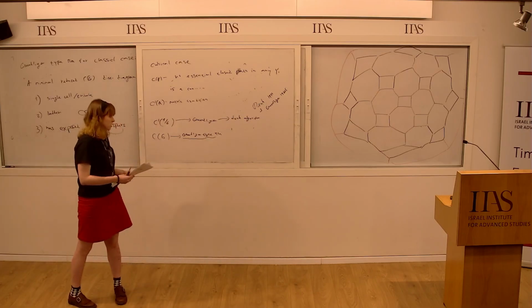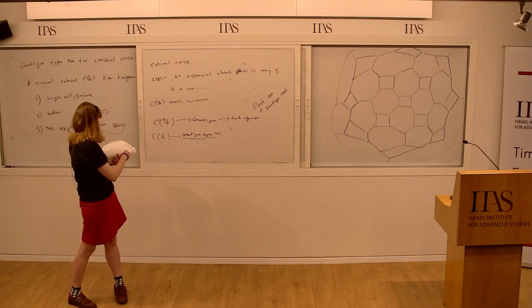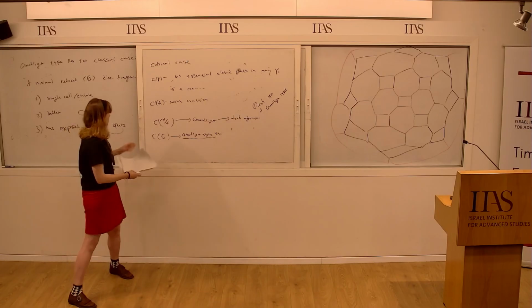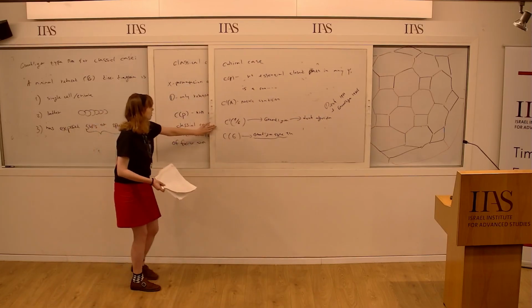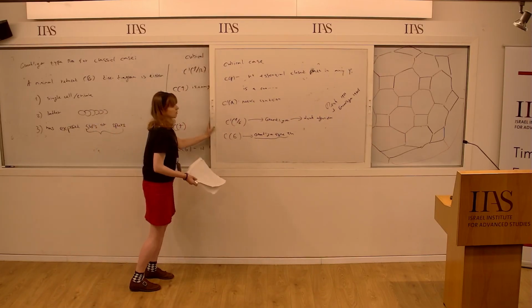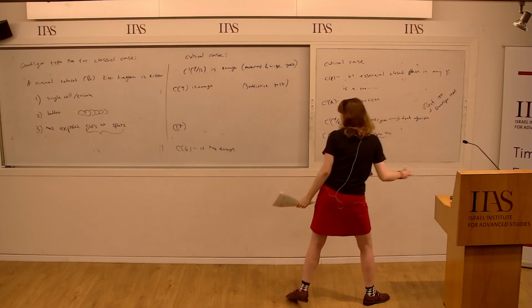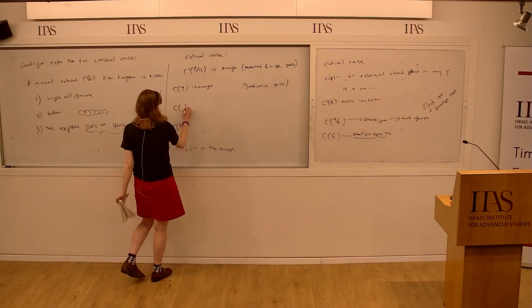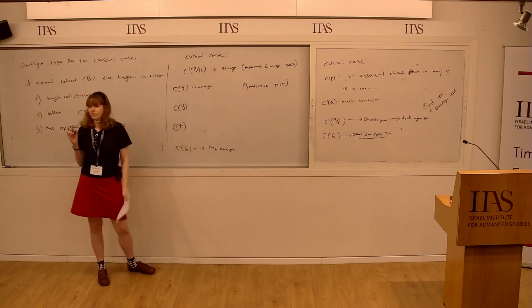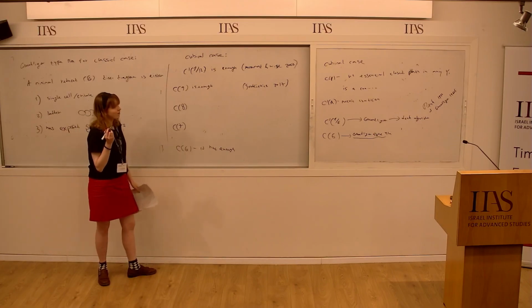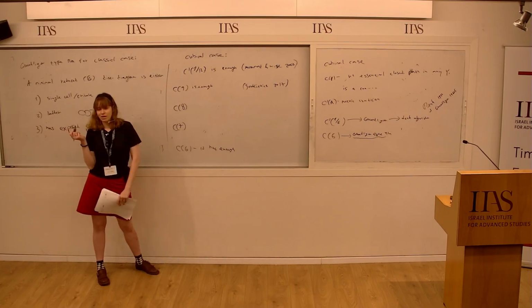Okay, so this is what we know about C(7), and now the question is if C(8) is enough, and I don't know the answer. I have a very good reason to believe that it's not enough.